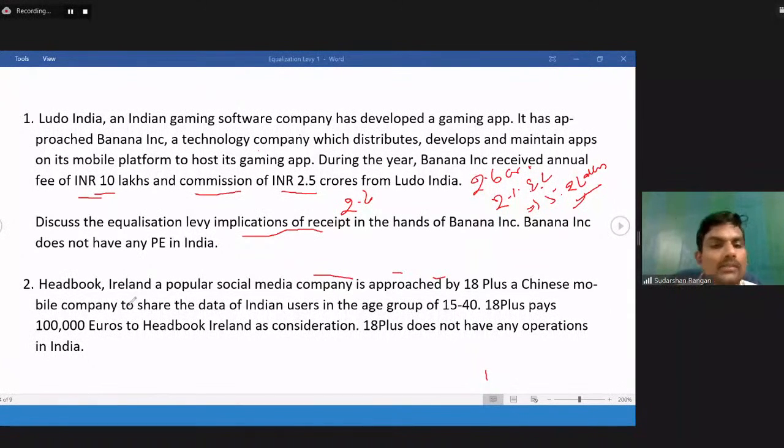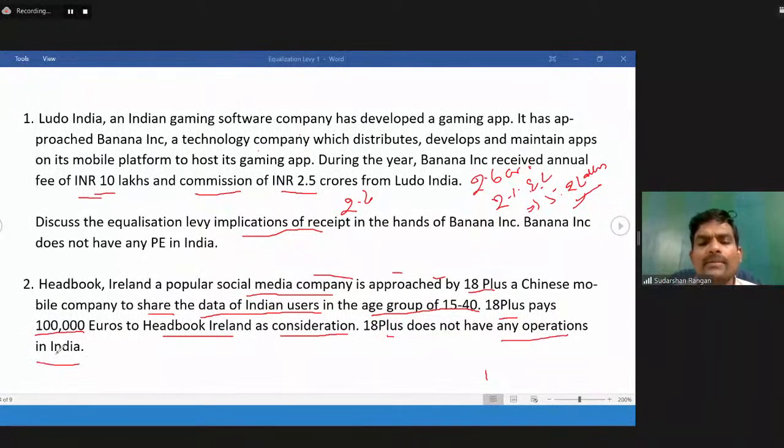Headbook Ireland, a popular social media company, is approached by 18 plus, a Chinese mobile company, to share the data of Indian users in the age group of 15 to 40. 18 plus pays 1 lakh euros to Headbook Ireland as consideration. 18 plus does not have any operations in India.